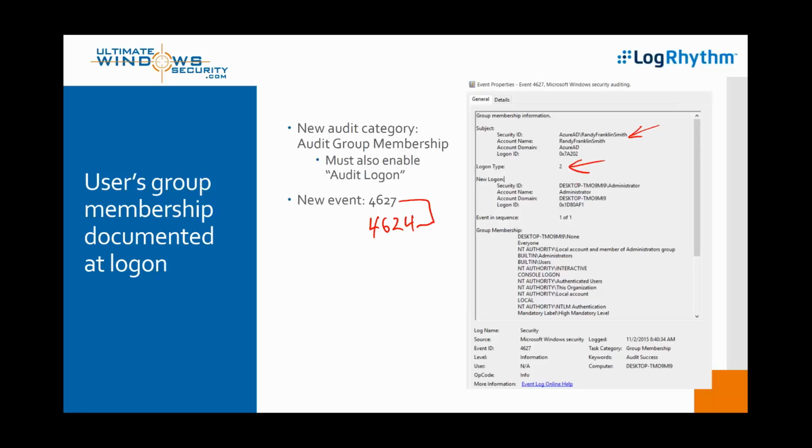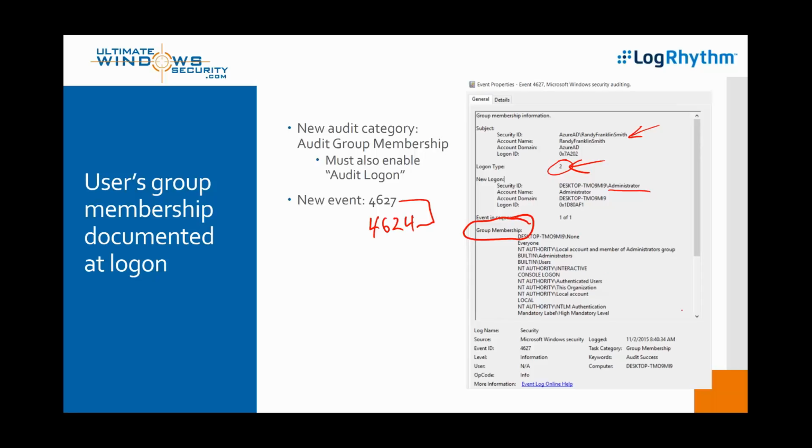I logged on interactively to this computer. That's what logon type 2 means. And who did I log in as? I logged on as administrator, and look at this. It's saying when I logged in, here are all the groups that I was a member of.